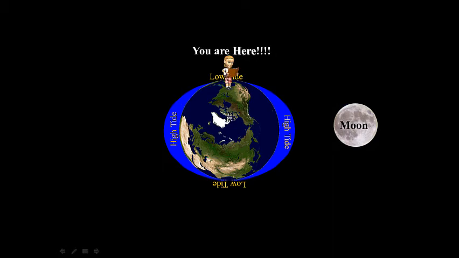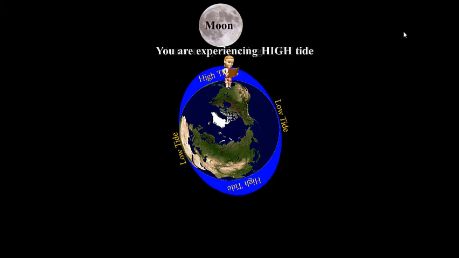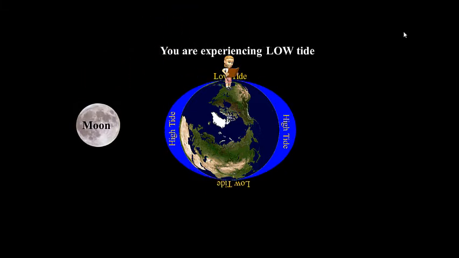Now let's say you're here, reading a nice book on the beach near Florida. What type of tide are you experiencing? Right now you're experiencing a high tide. Let's say it's a really good book and you're there 6 hours later. What type of tide are you experiencing now?